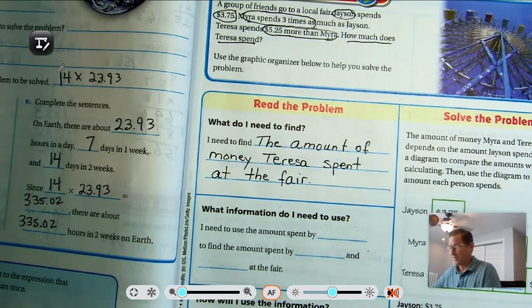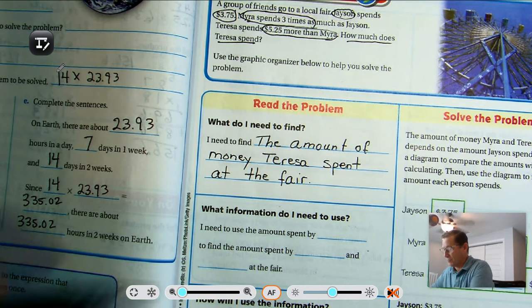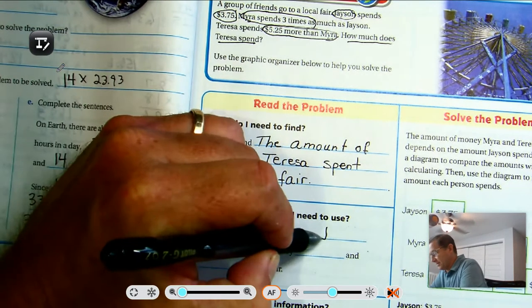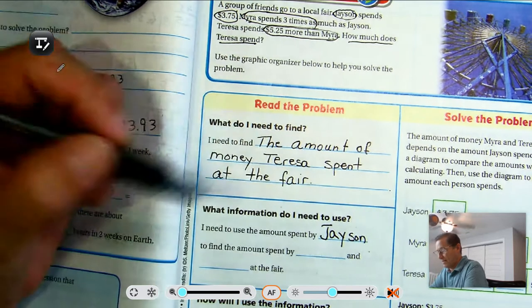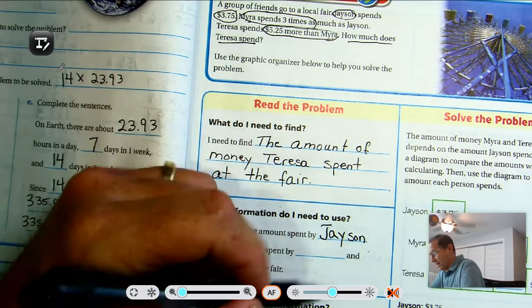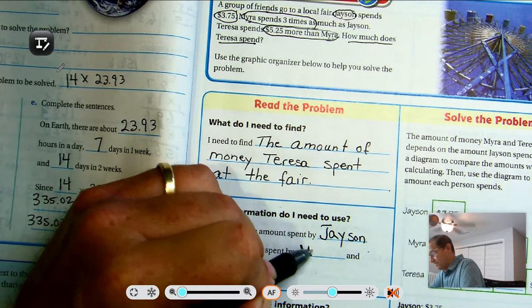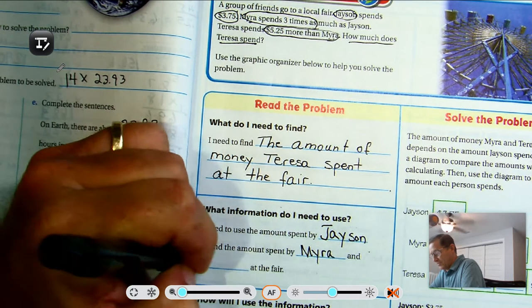What information do you need to use? Well, I need to use the amount spent by Jason to find the amount spent by Myra and Teresa.